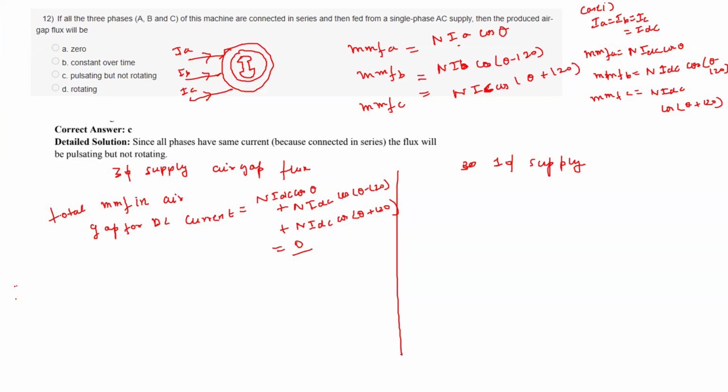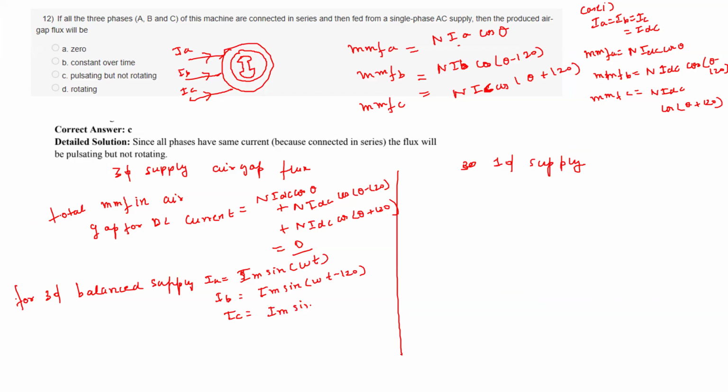For a three-phase balanced supply, IA is Im sine omega t, IB is Im sine omega t minus 120, and IC is Im sine omega t plus 120.